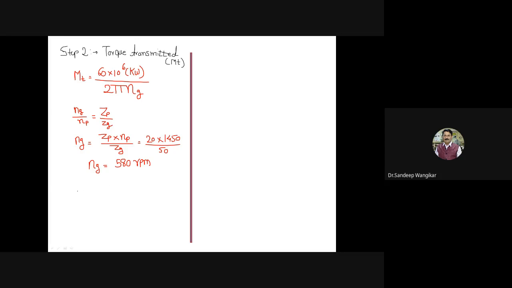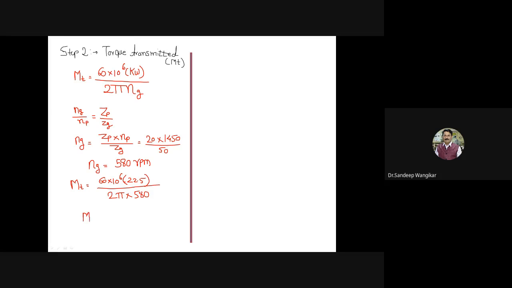Now let us substitute all values and proceed for calculation of MT. MT is equal to 60 into 10 raised to 6 into kilowatt 22.5 divided by 2 pi into 580.